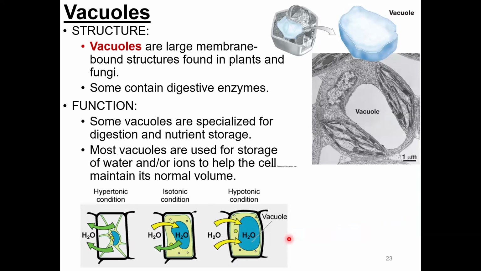Now there are structures called vacuoles, which are large membrane-bound structures that contain some digestive enzymes. These are particularly specialized for digestion and nutrient storage. Most vacuoles are used in storage of water or ions to help the cell maintain its normal volume and size. And if there's not enough water inside the cell, it goes hypertonic.